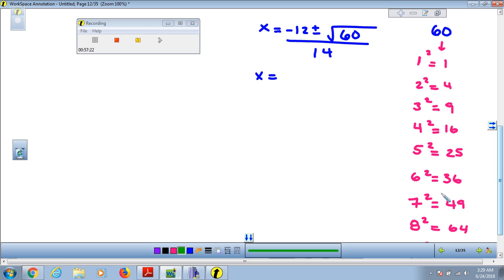Which of these numbers is a number that 60 is divisible by? Now you may find that 60 is divisible by several numbers from this list, more than one, but you want to choose the greatest number from this list that 60 can be divided by, the biggest one.